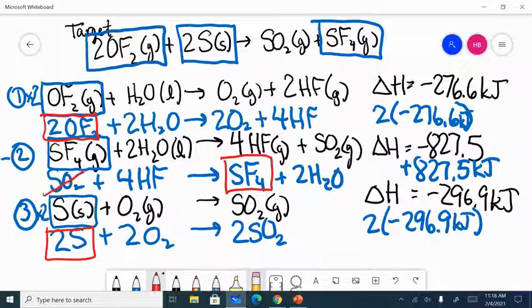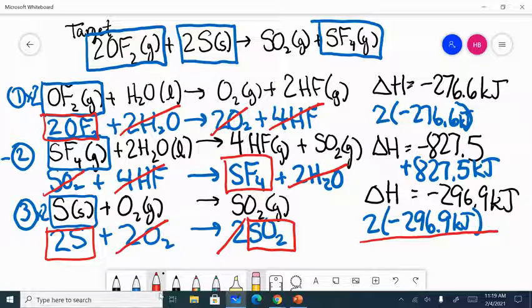One of these SO2s is going to cancel, leaving me with 1 SO2. Now I have to double check that all the things that I don't need cancel. So I don't need oxygen, and I have 2 in the reactants and 2 in the products. I don't need water. I have 2 in the reactants, 2 in the products. And I don't need HF. I have 4 in the reactants, 4 in the products. So everything I don't need cancels, and everything I do need is there in the right quantities.